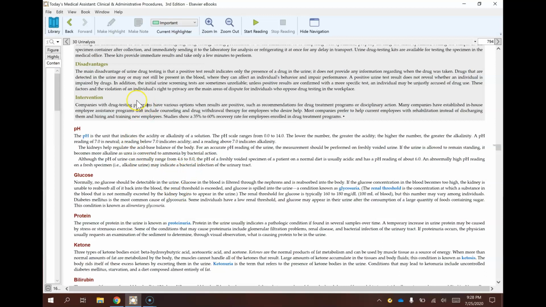The pH of urine can normally range, I'm going to highlight that, from 4.6 to 8.0.